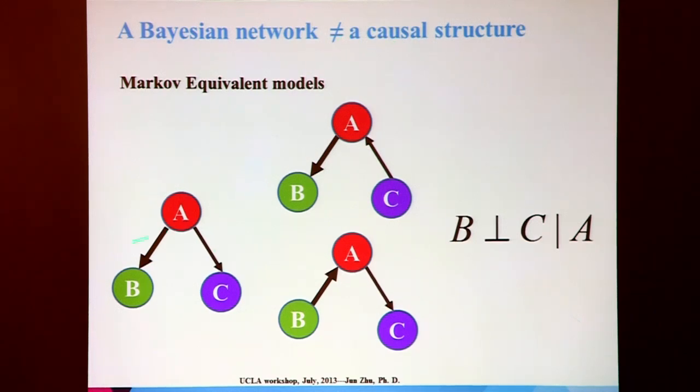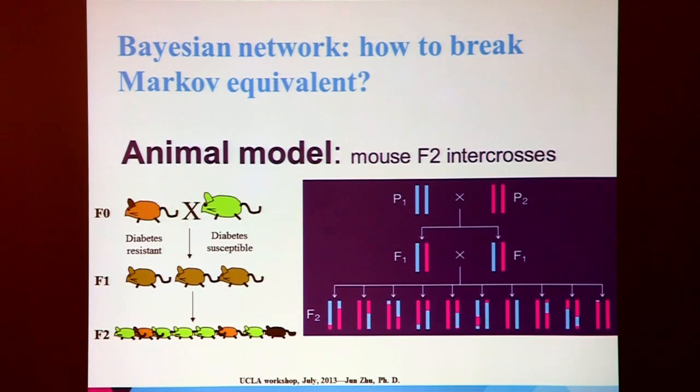Even though everything has a direction, that direction doesn't mean it's causal, because everything is just a fitted model. So how do you go from the directed graph to really a causal network? That means how you can break this Markov equivalent structure. That's essentially what it means.